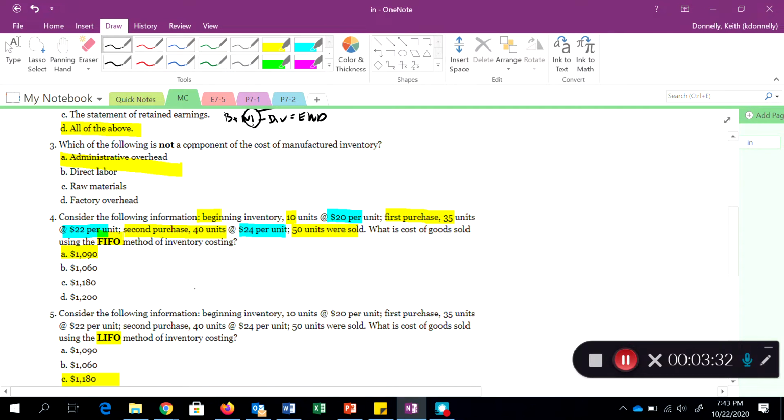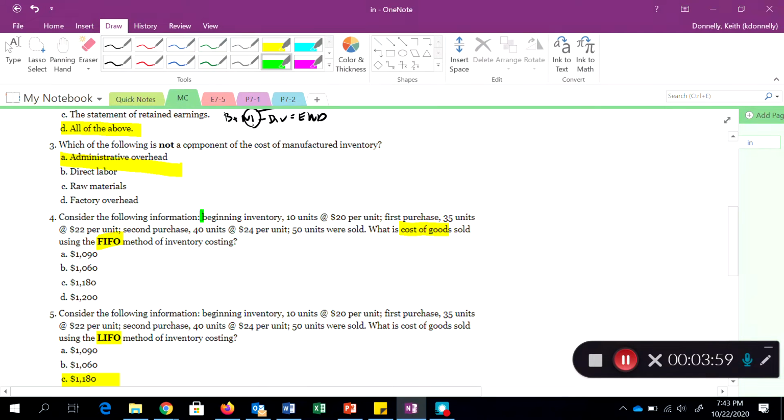Number 4 here, let's look at this. Let's just erase this so when we read it. What they want us to do here is they're saying FIFO, and they want cost of goods sold. So they want to know what cost of goods sold is under FIFO.